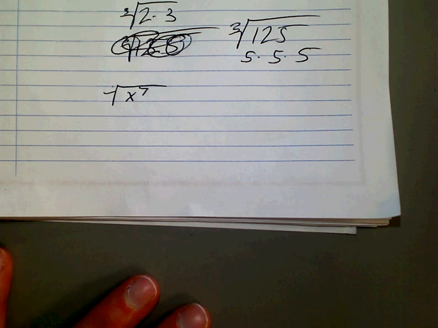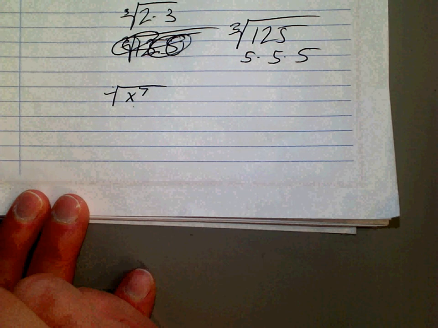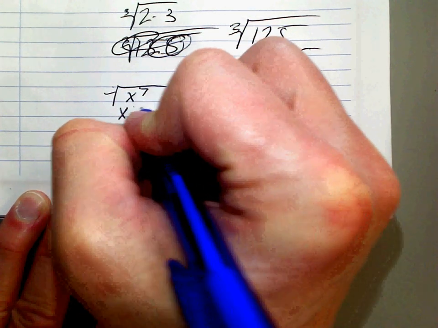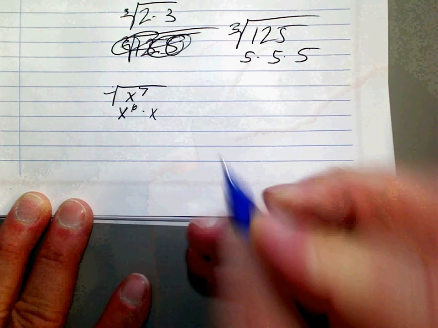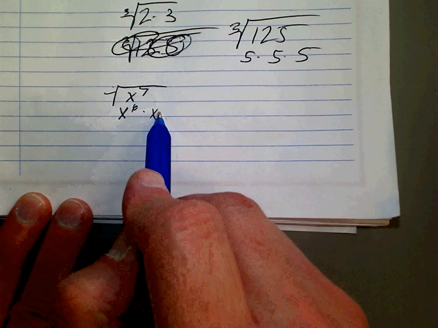What can we take x to the 7th and break it down to? 4th and 3rd, or 6 and 1. And you want to break it down. You want to peel off the 7, this 1, and you want to leave something that has the largest amount that you can take a square root of.